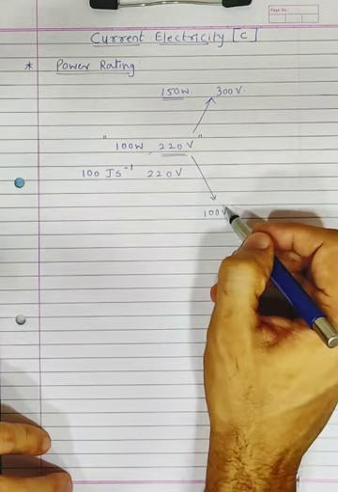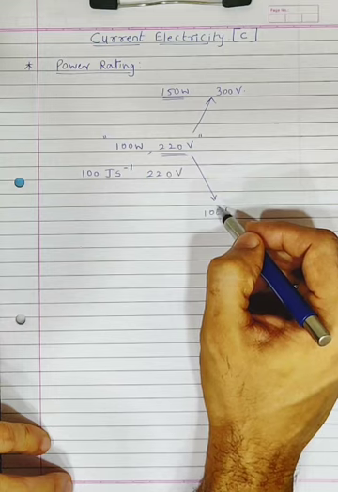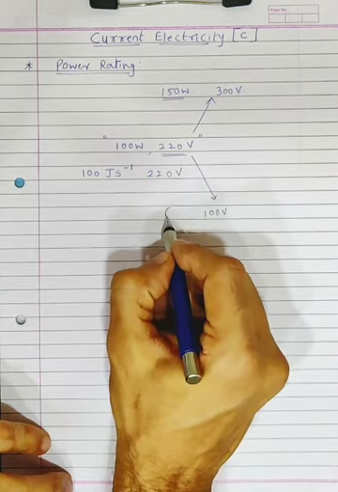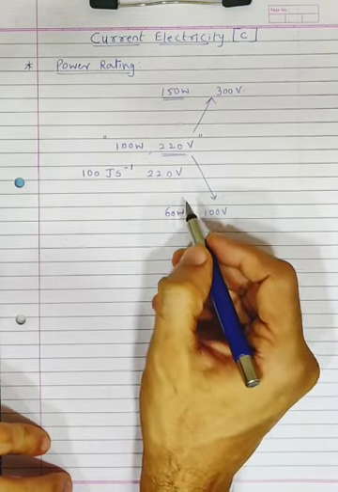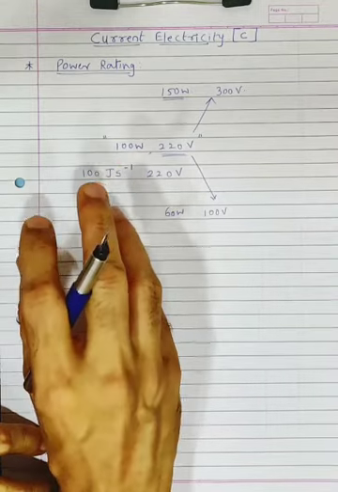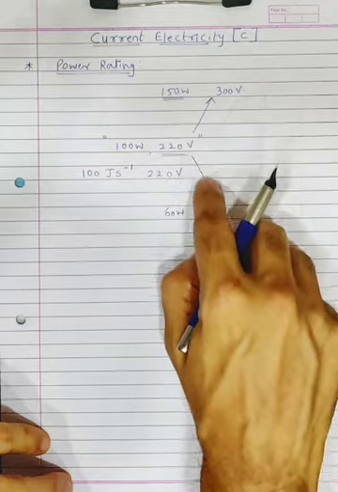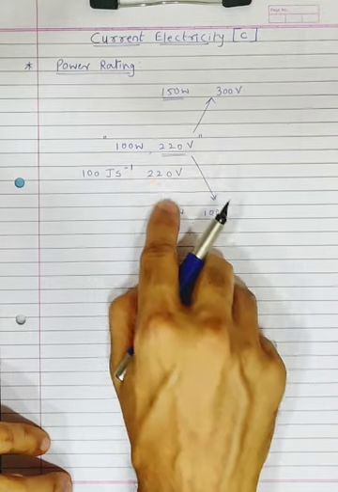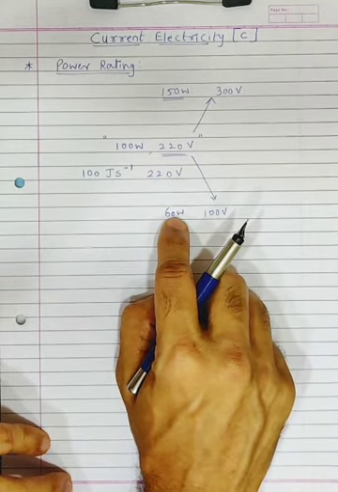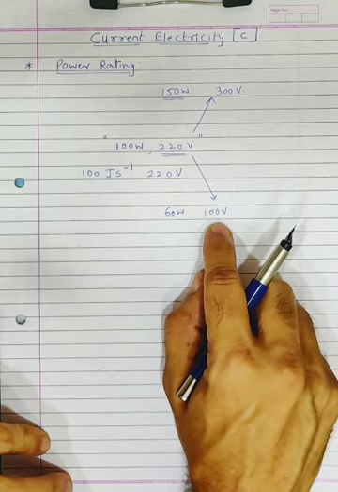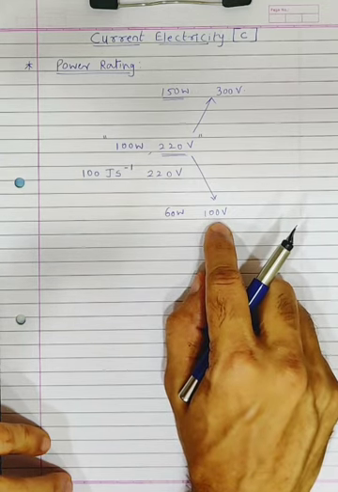It will be dim, it will not give sufficient light. So when the potential difference decreases, the power of the bulb will also decrease. So it is how much? Only 60 watts. Since it's giving only 60 joule of energy per second, the power the bulb is getting becomes lesser.